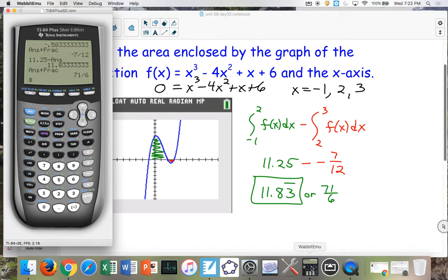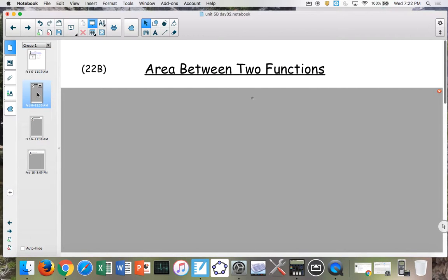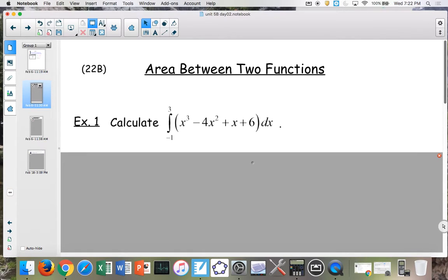Okay, let's go on to another problem. And this is section 22b in our textbook, area between two functions. Calculate the integral from -1 to 3 of this function.